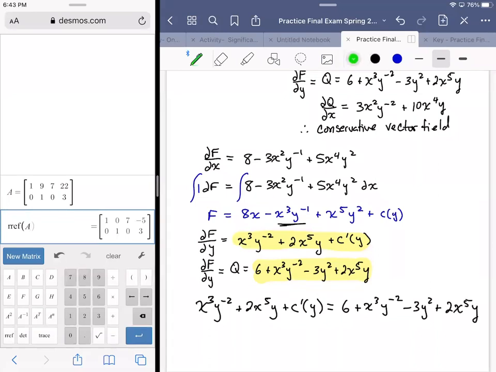And so we're going to have cancellation of common terms. These two are gone, these two are gone. So that means we would write this as dc dy. So dc dy is equal to 6 minus 3y squared.